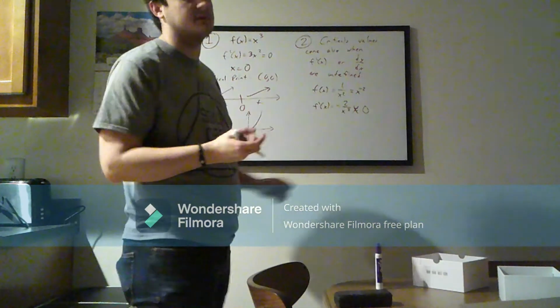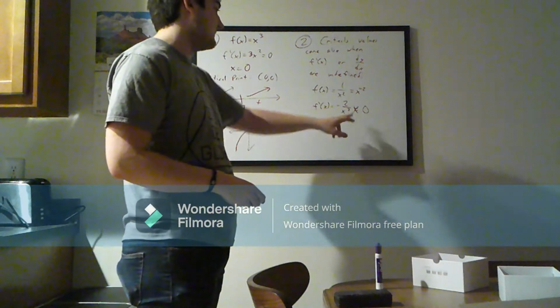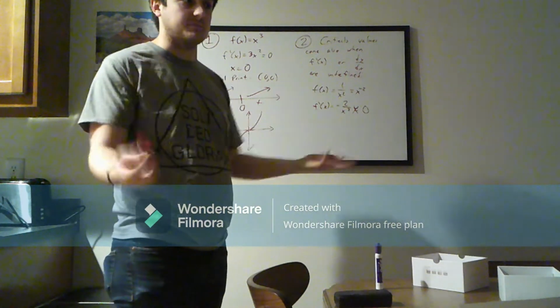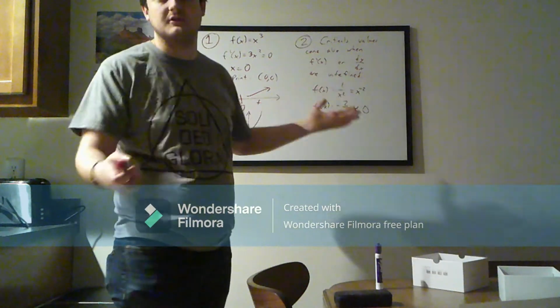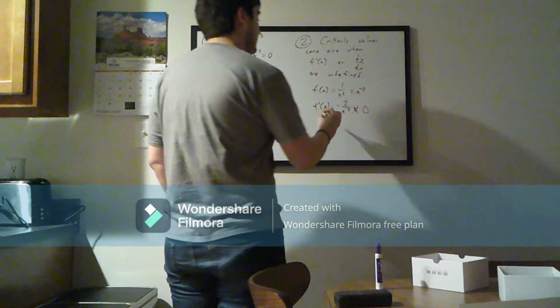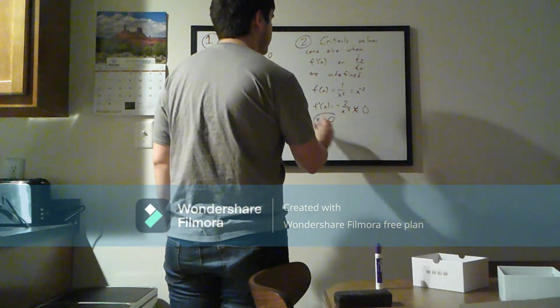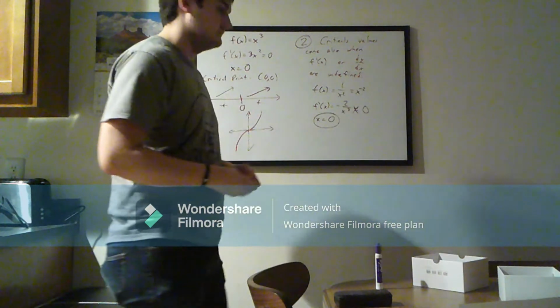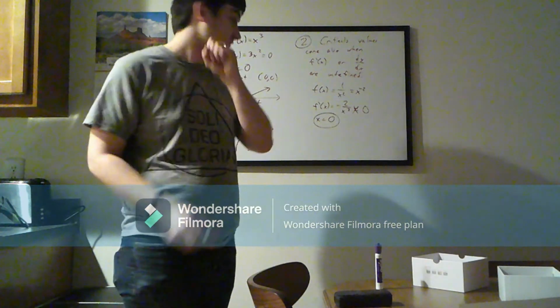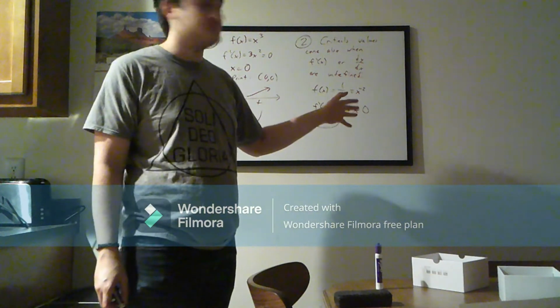There's not going to be anything that makes this 0. I can't make the denominator equal to 0, because that's bad, and 2 can't be 0, so this isn't going to work. However, I still have one critical value, which is x equals 0.